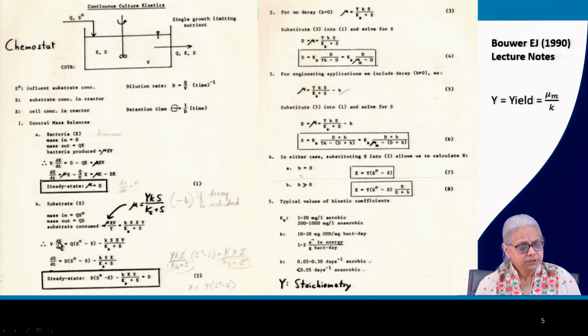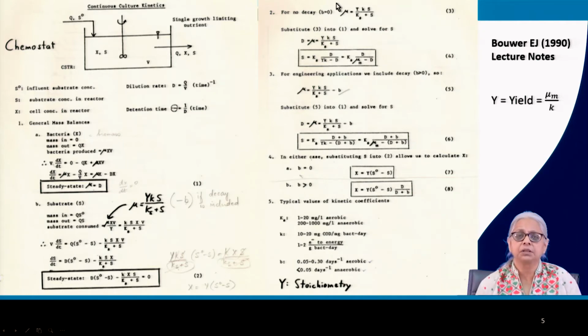So V times ds by dt is equal to Q times S0 minus S minus this entire term. And again, at steady state, we say ds by dt is equal to 0, and you get the final form: D times S0 minus S is equal to k times x times S divided by capital Ks plus S. Okay, that's equal to 0.